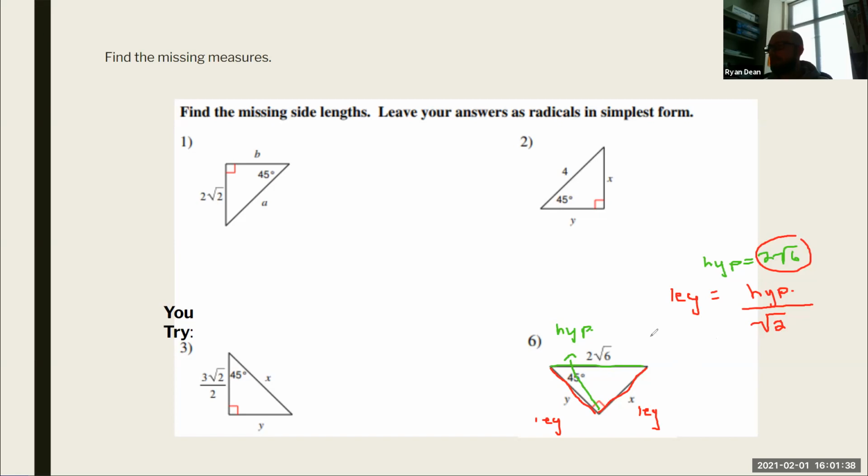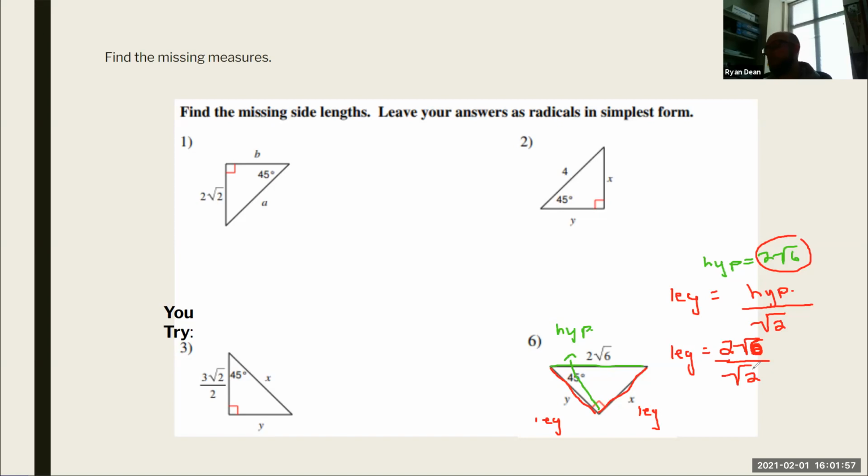So the way that my work's going to be written out, it's going to look like this. I have 2 square root of 6 divided by the square root of 2.